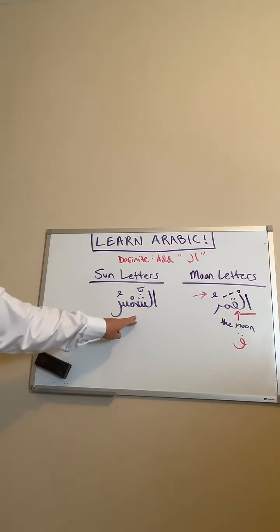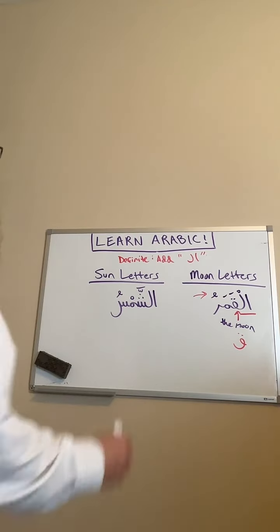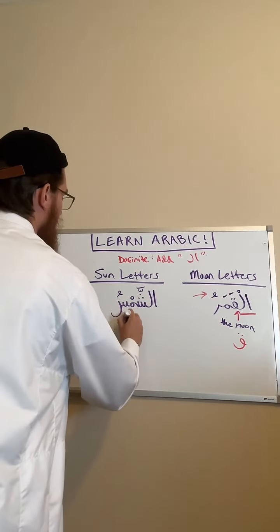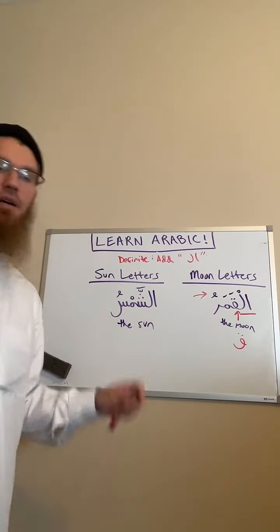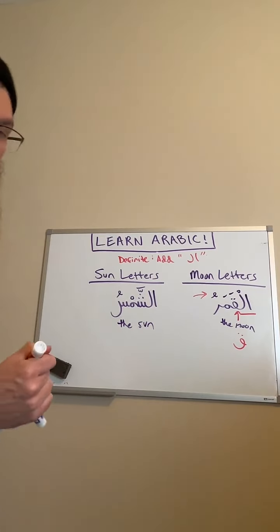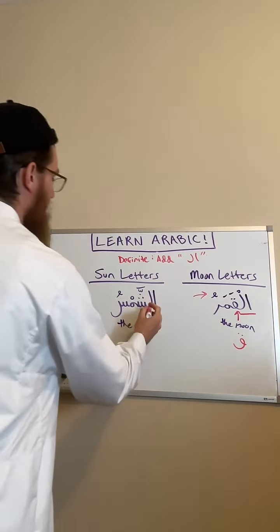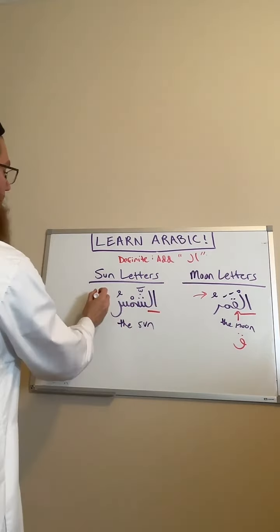Does this mean a sun or the sun? This means the sun. Why does this mean the sun? This means the sun because we have the definite alif lam in the beginning, and it doesn't have tanween.